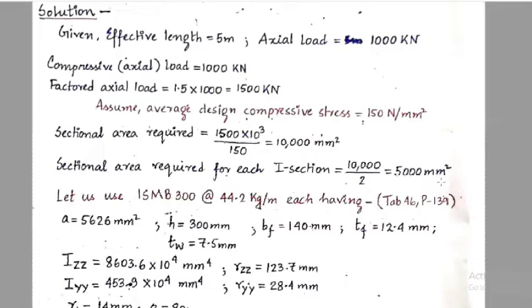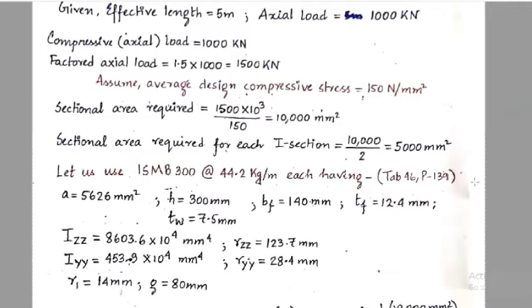Now you can go to SP6 or IS 800 2007, and based on this area you have to choose an I section. Whatever I section we choose, we will always keep in mind that both the I sections in a built up column will be the same. Both of them will have the same properties and the same cross sectional area.